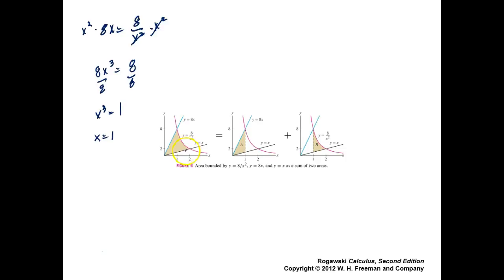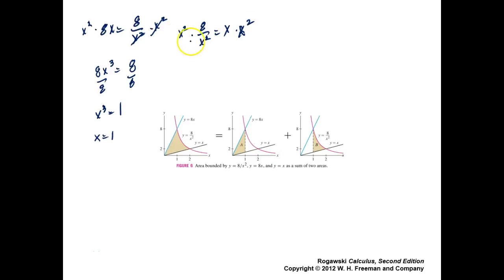Okay? You have to also do it down here. 8 over x squared equals x, where these two come into play. And what would you get there? So again, multiply x squared by both sides. That sounds like another winner.